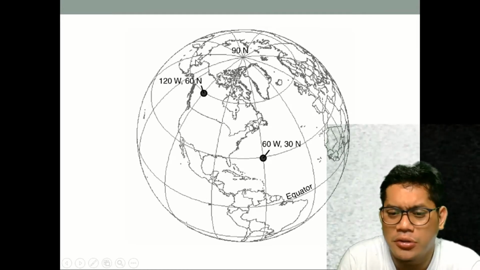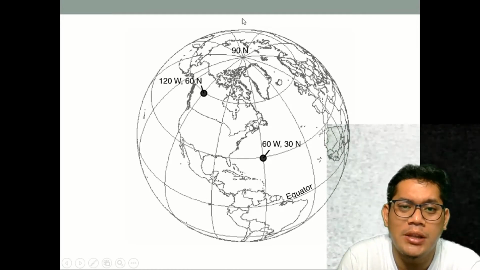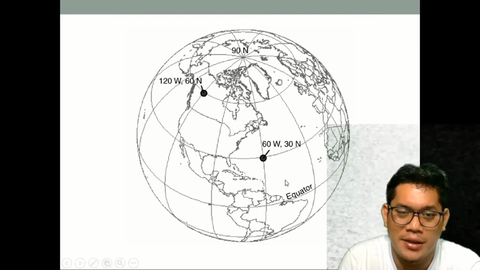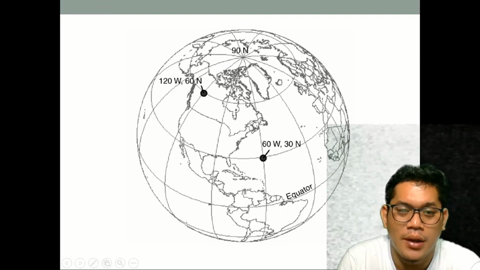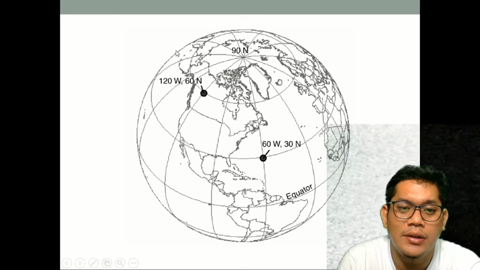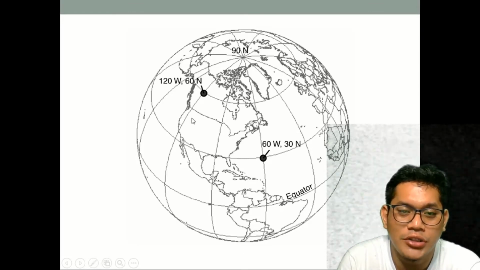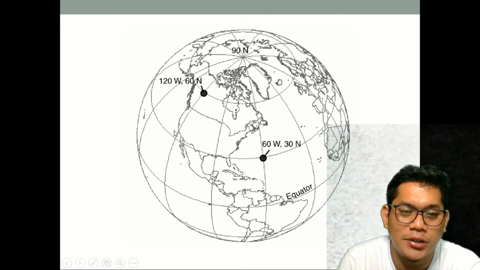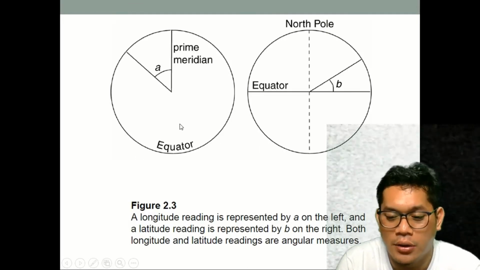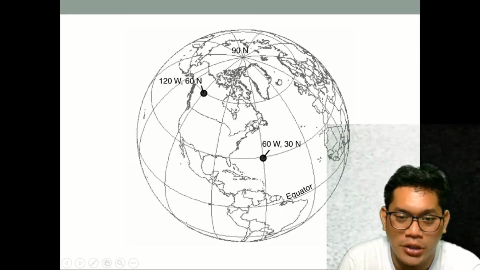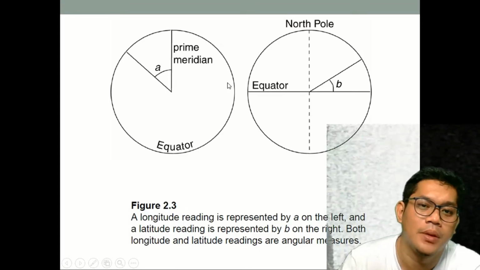Our world is not a perfect sphere, but mathematically we assume that it is, and by giving locations based on grids of degrees, minutes and seconds, we can locate where we are.